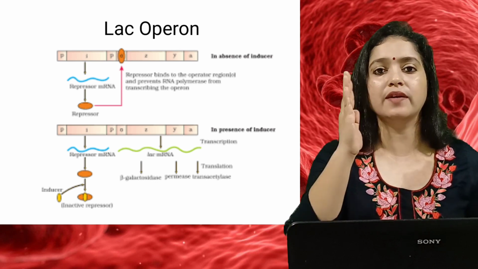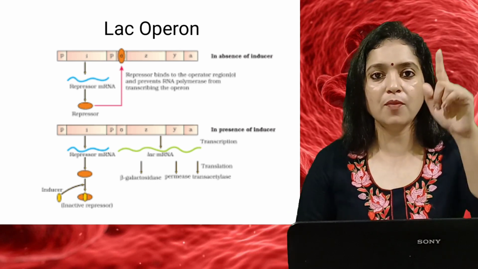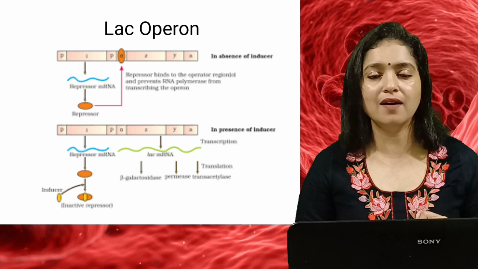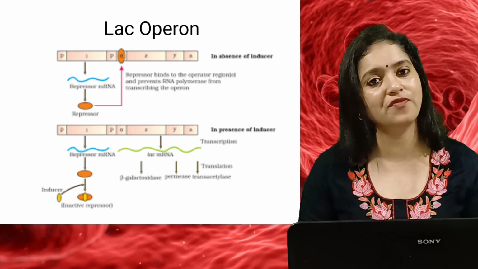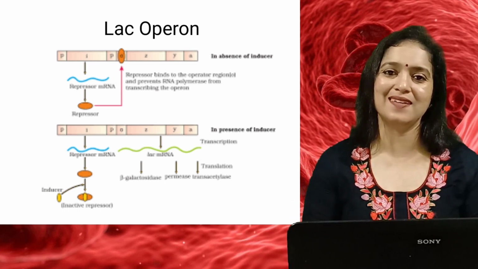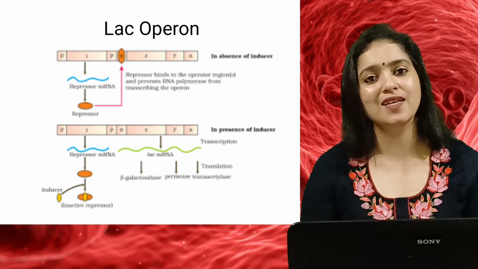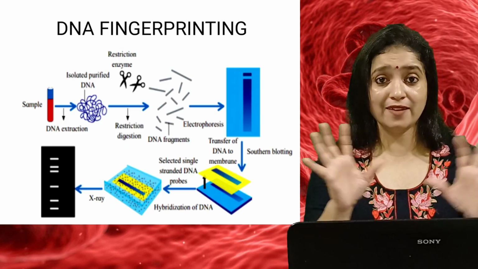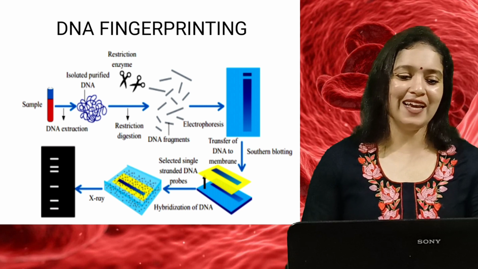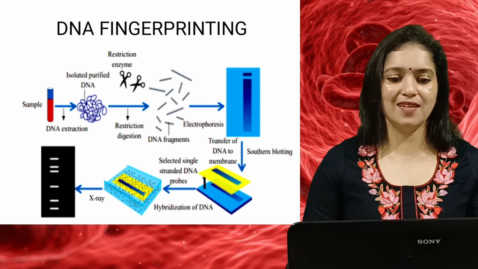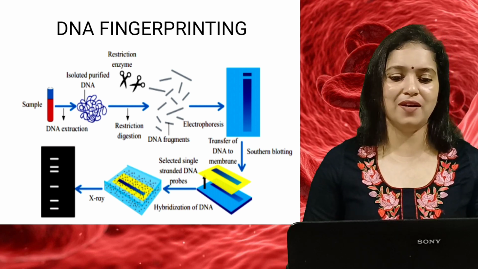So that operator region is blocked. So RNA polymerase cannot come and start the process of production of enzymes. Okay, so this is what happens in the switching off.